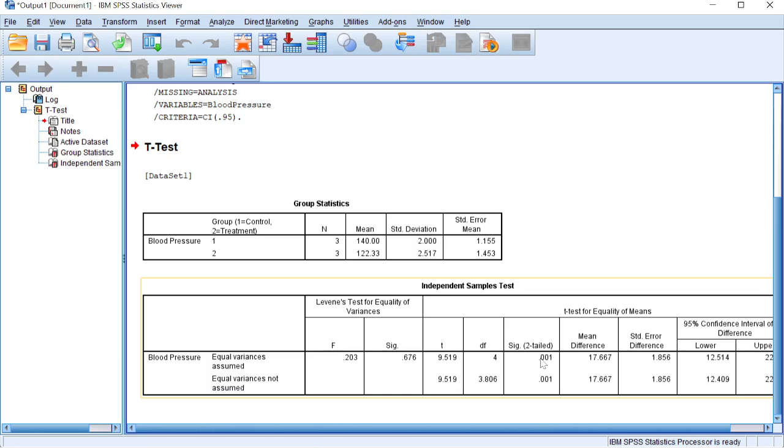So when there's a significant difference, you can infer that the drug, as the treatment, is really effective for reducing the blood pressure. Because you can see that when they are using just water or not giving the drug, their blood pressure is high.